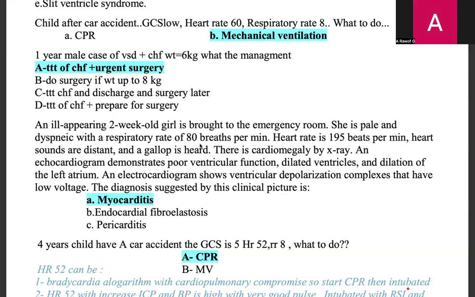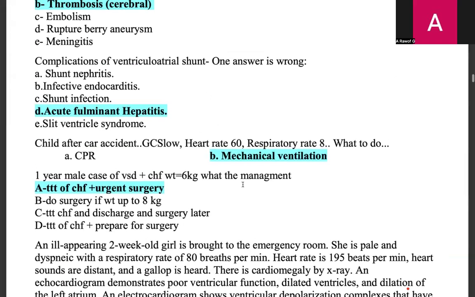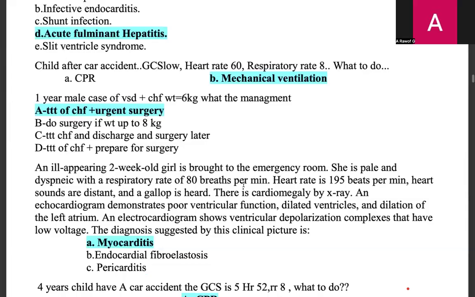An echocardiogram demonstrates poor ventricular function, dilated ventricles, and dilatation of the left atrium. The electrocardiogram shows ventricular depolarization complexes that have low voltage.